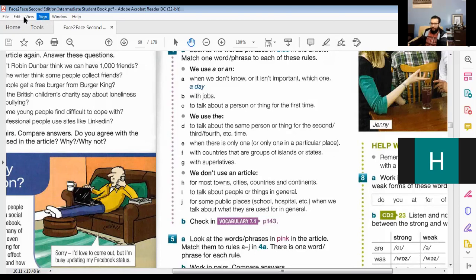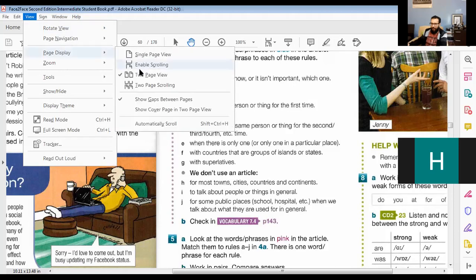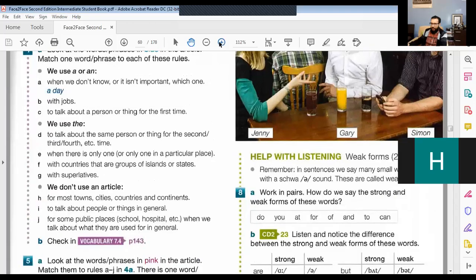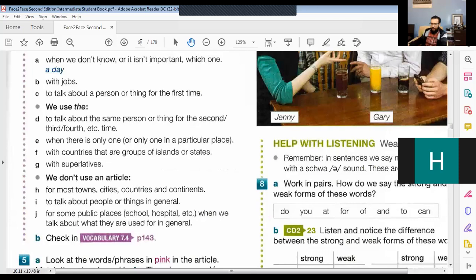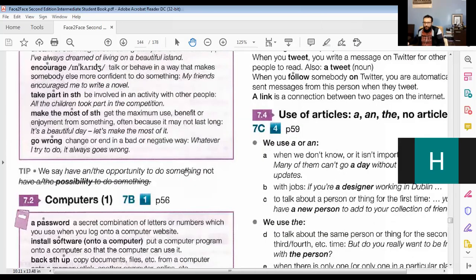You know, maybe there's an interesting point we can check, but let me just return the page to one page. Okay, so page 143, let's take a look. Okay, so here it is.